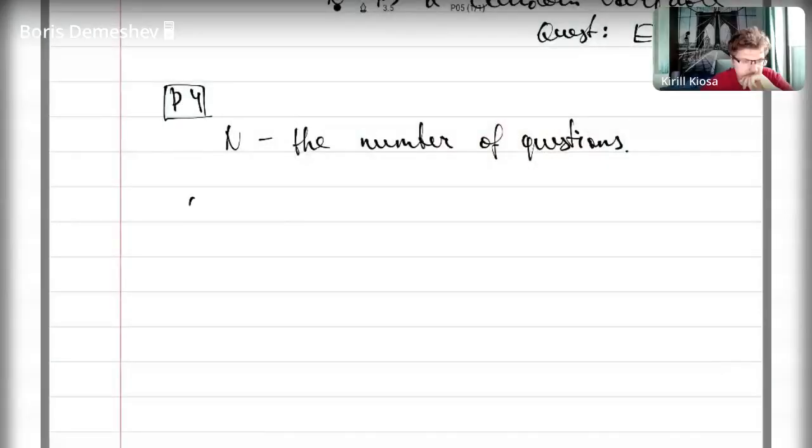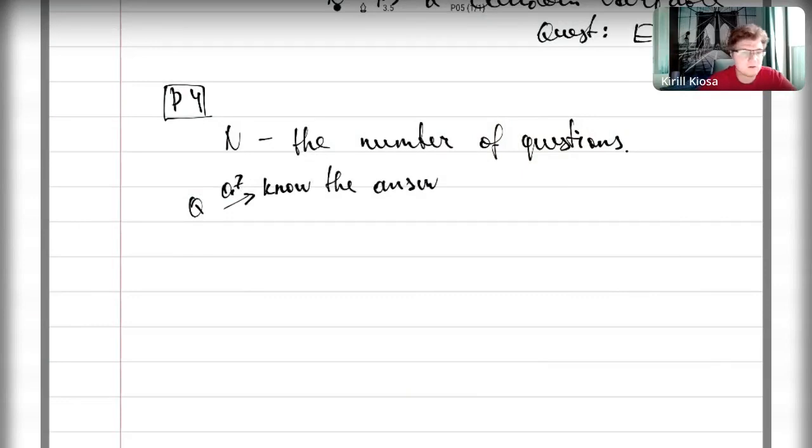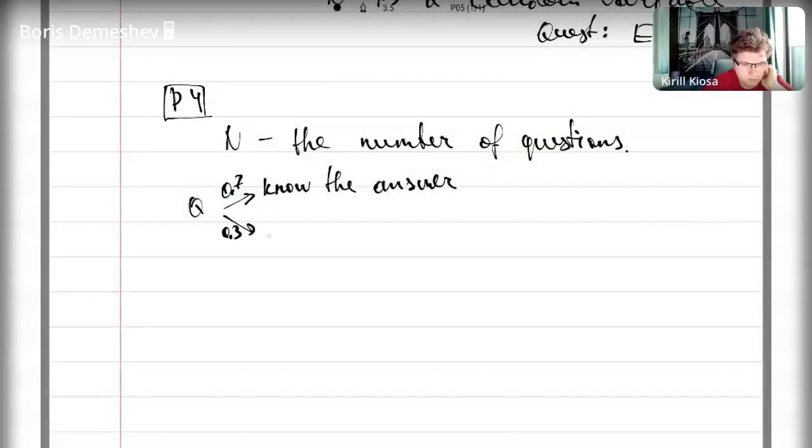For each question, you know the answer with probability 0.7, and with probability 0.3 you guess.